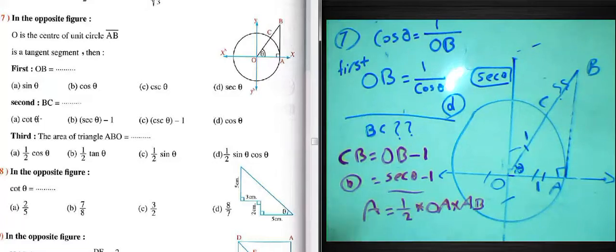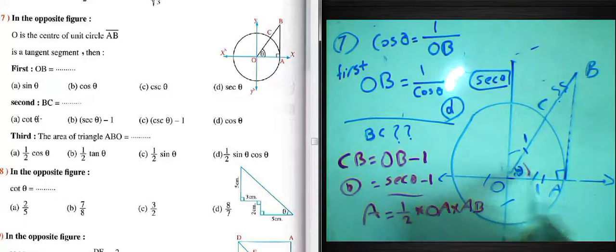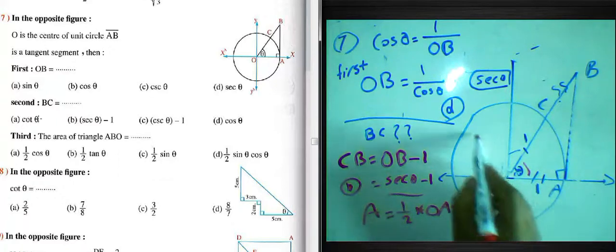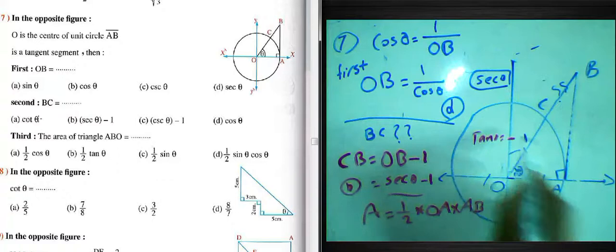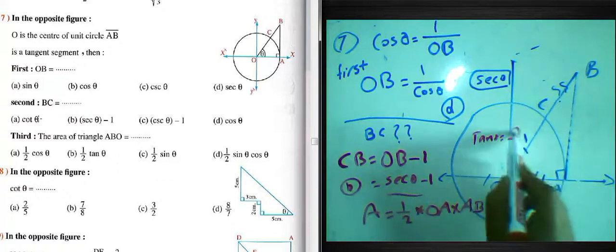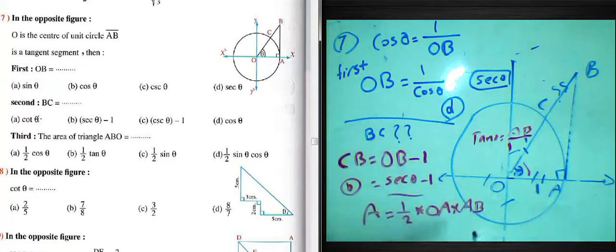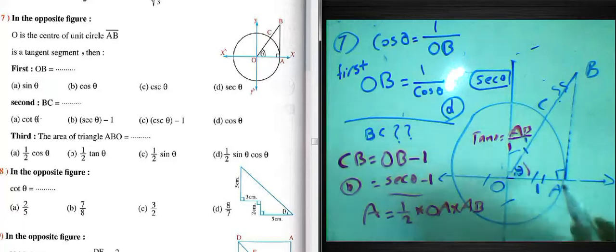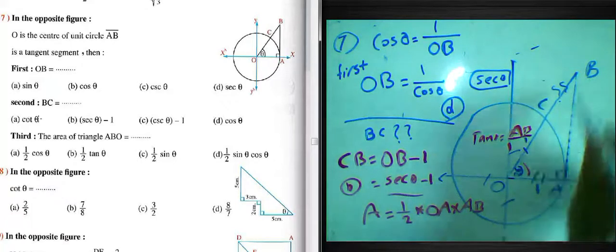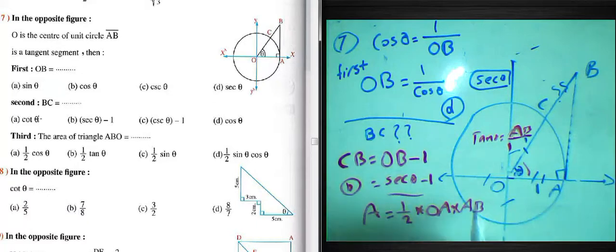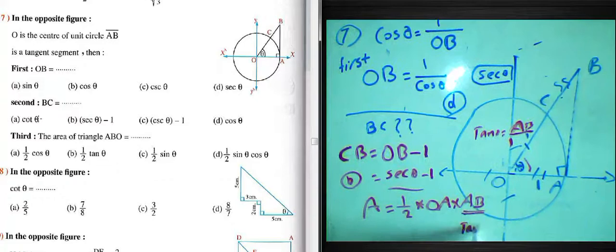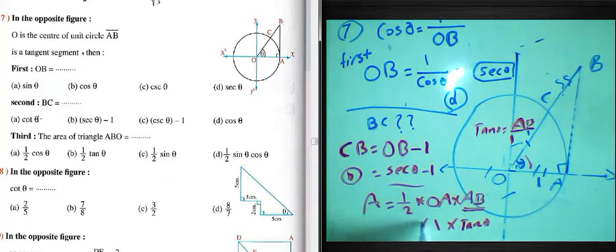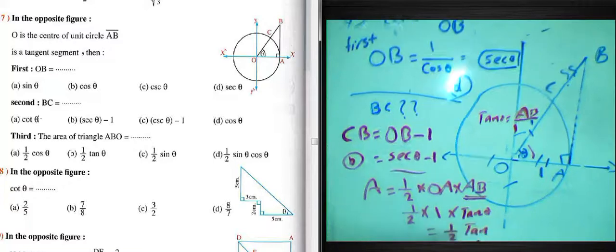We know AB is opposite to theta. So tan theta equals AB over 1. So AB will be tan theta. And OA is 1, multiplied by half. The result will be half tan theta.